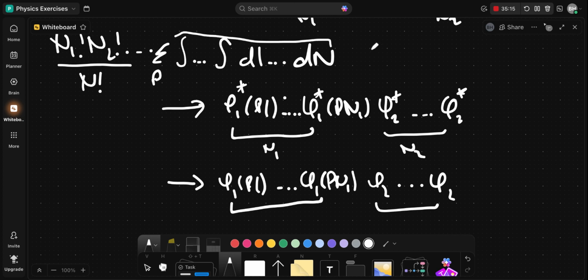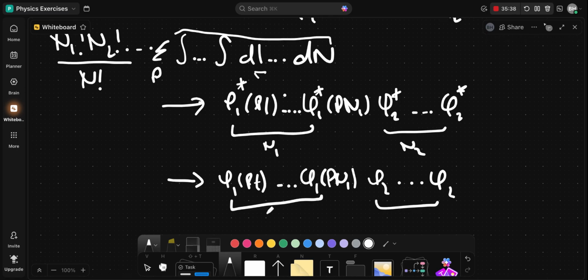We don't have to know the permutations, but we know that in a particular member of the sum in which coordinate 1 falls among the phi ones, it's going to fall among the phi ones in both places because it's the same permutation.